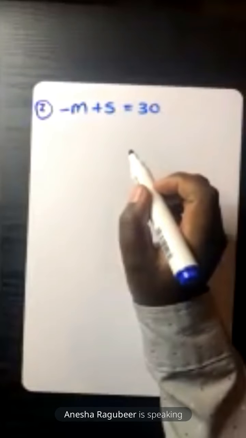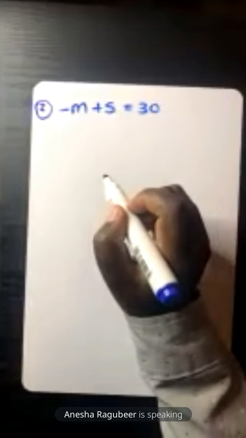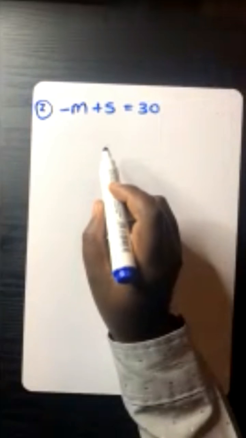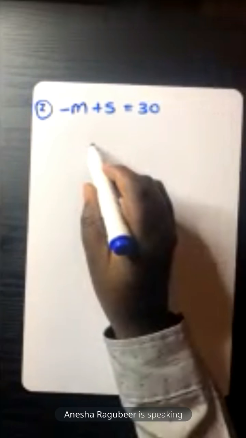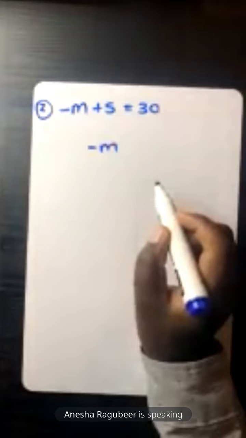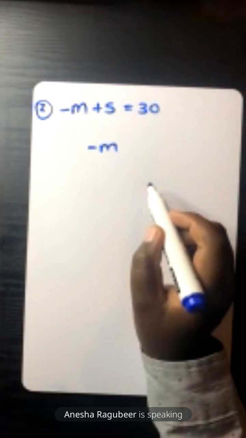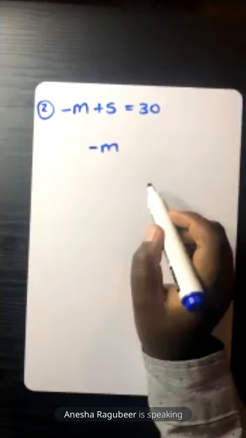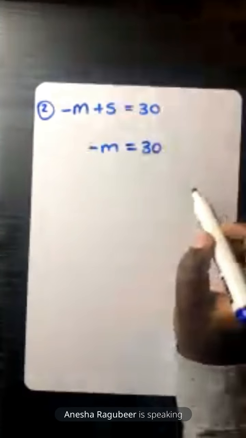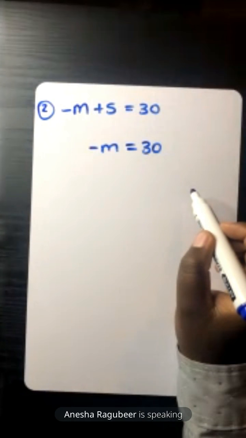So you can just take me through in terms of what to write. And again, if need be, you can also explain why you are doing whatever you'll be doing. So what am I writing first? So take your negative M. So I'm writing negative M equals positive 30 minus 5.